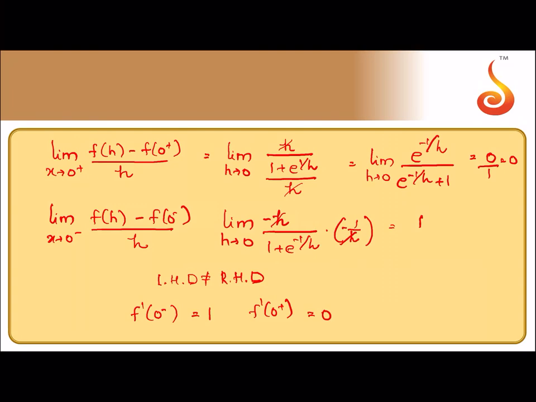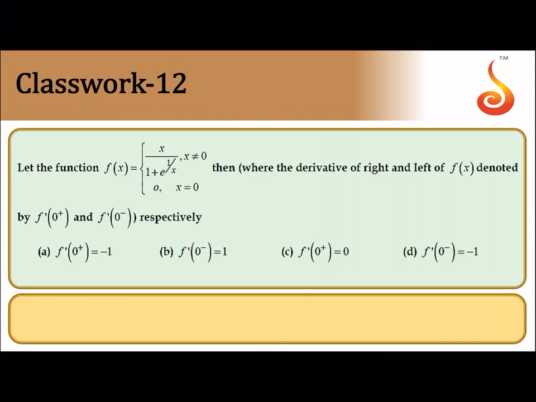But they have asked which options are correct. f dash 0 minus will give you 1, correct. f dash 0 plus will give you 0. Two options are correct. Simple concept, e to the power 1 by x concept only applied.